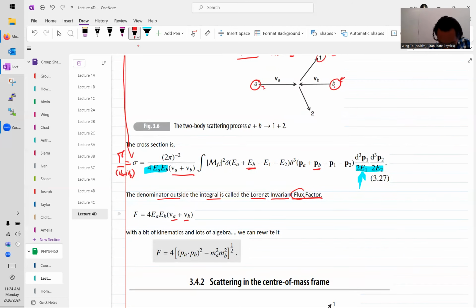And the reason it's Lorentz invariant is because you multiply it by E_A and E_B, which you can prove after a bit of kinematics and a ton of algebra. That's going to be either the first or the second homework problem. You can prove that it turns out to be this 4-vector product, p_A dotted into p_B.